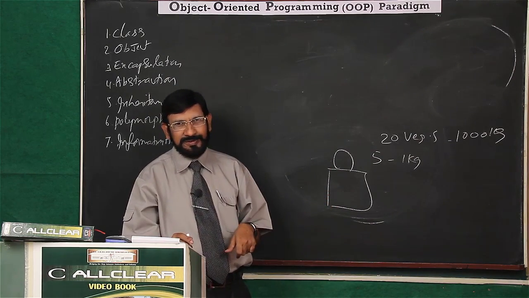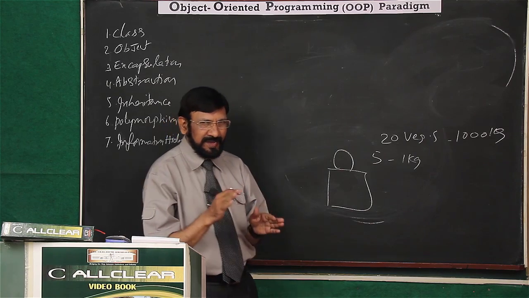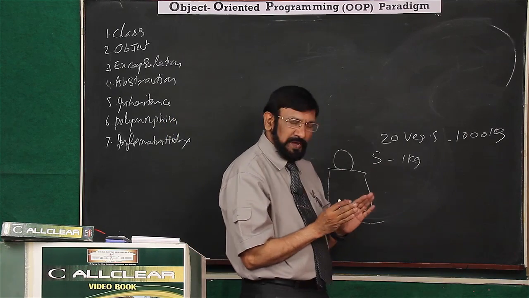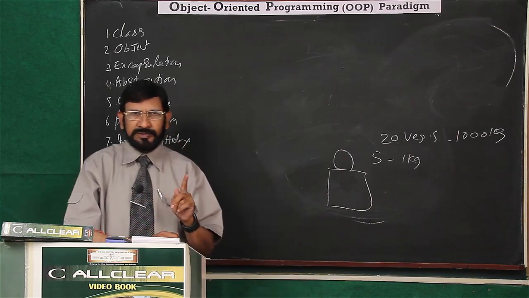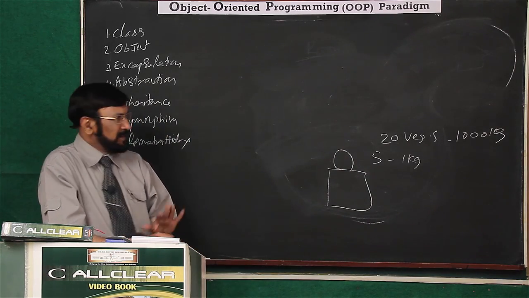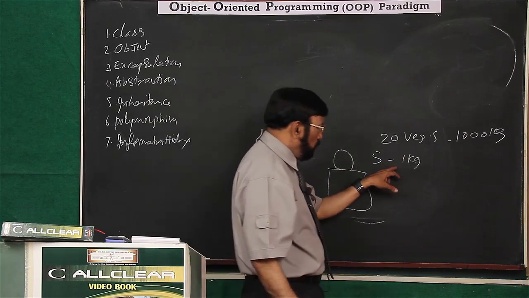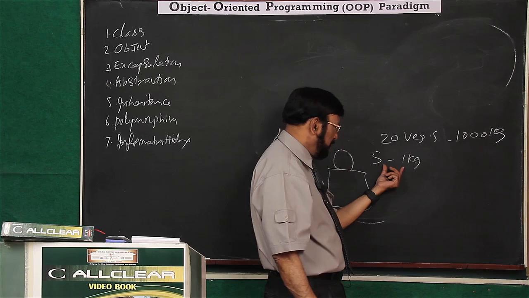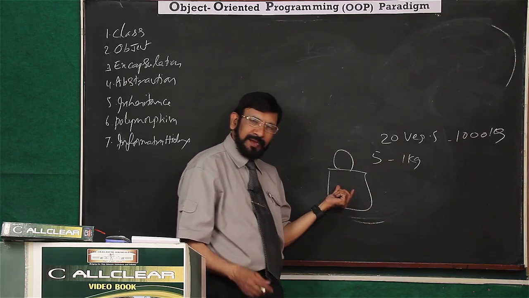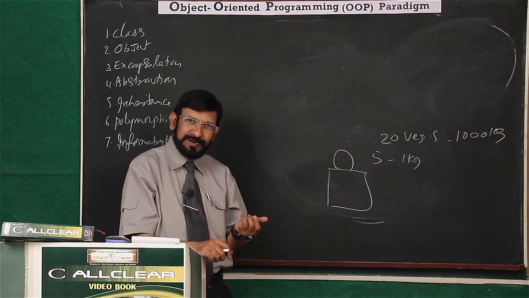That is encapsulation. Once again, I tell you what your behavior is. Abstraction and encapsulation are complementary concepts. You look at the essential, whatever you require, you have chosen, and put them in the bag. That means you encapsulate it.